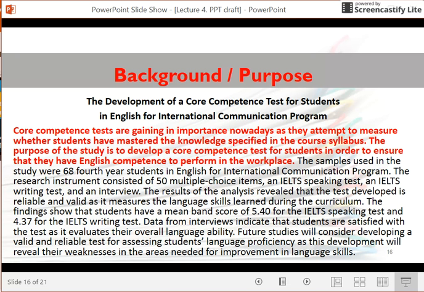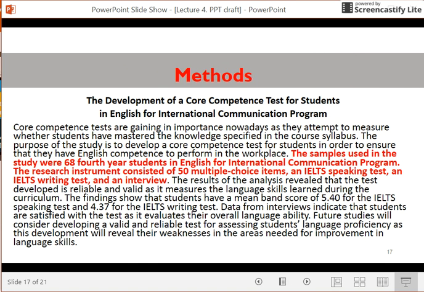Let's look at an example abstract. Highlighted in red, you'll see the background and purpose. Notice that it explains the context and describes the problem. Next, we have the methods.